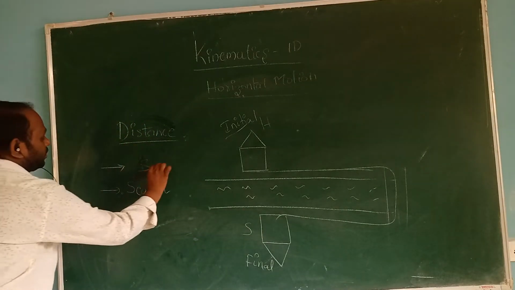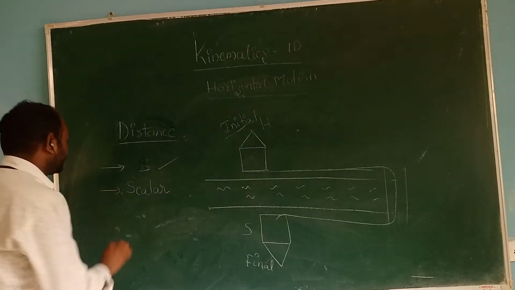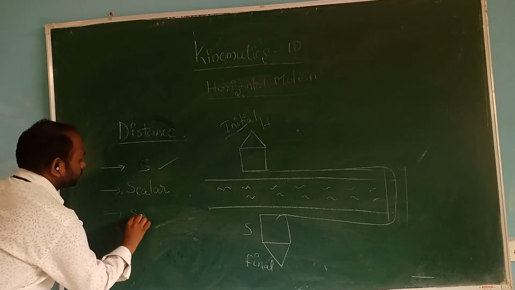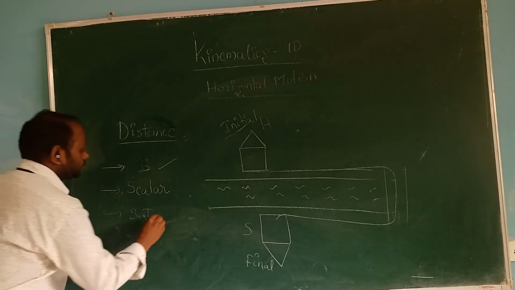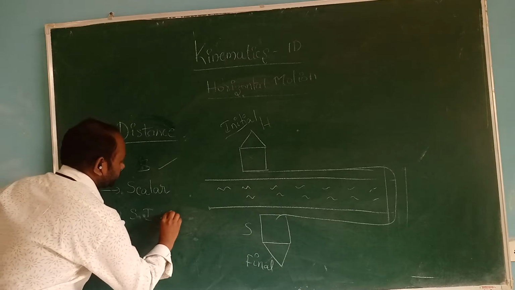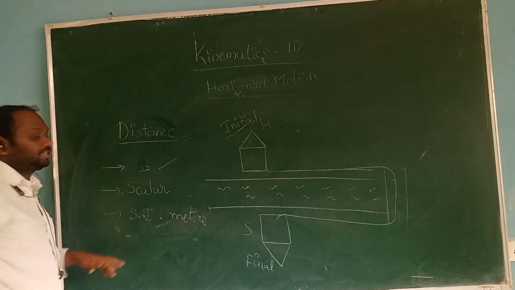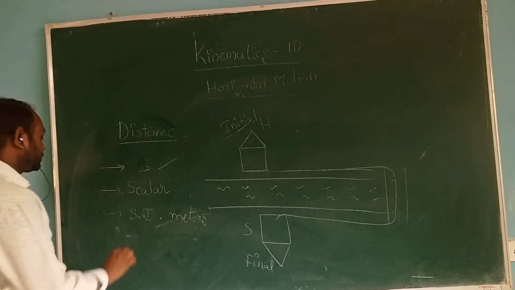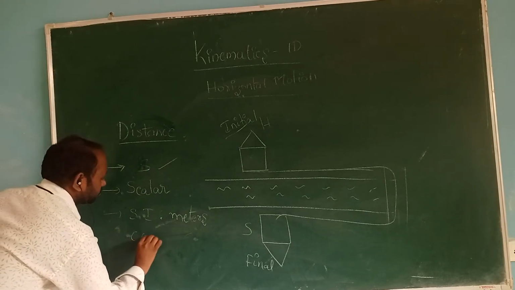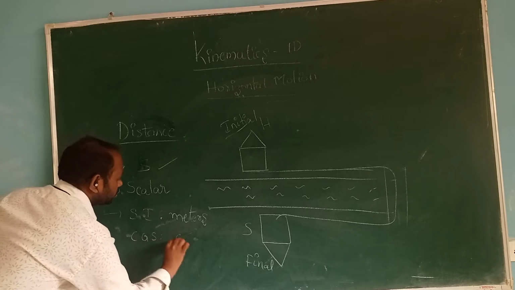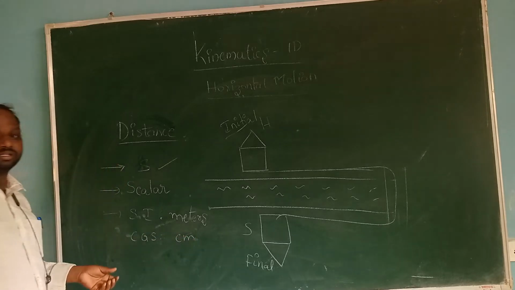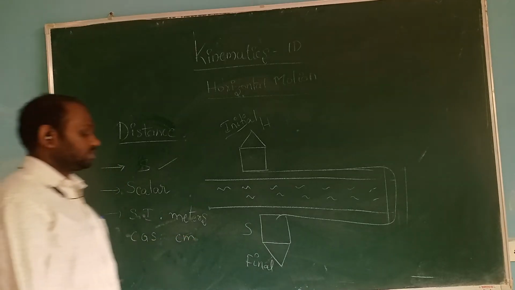So distance is denoted by S, it is a scalar quantity, and the SI unit is meters. The CGS unit is centimeters.